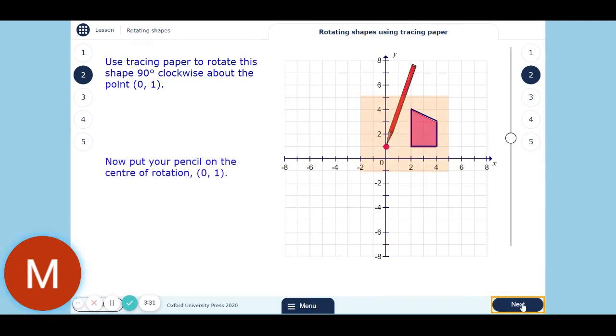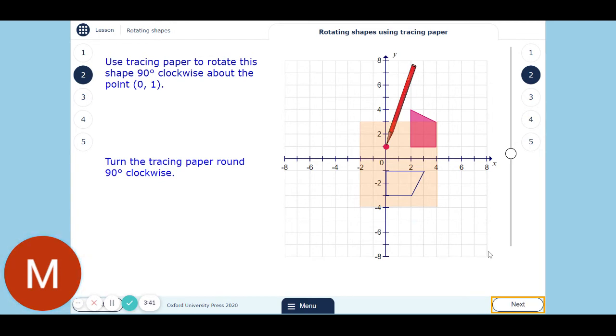You put your pencil on the center of rotation and you put some pressure there. Then when you turn the sheet of paper, the center stays exactly where it is and the shape moves to exactly where it's meant to go. Then it's a case of carefully lifting up part of the tracing paper and marking on where the shape goes and then drawing it on properly.